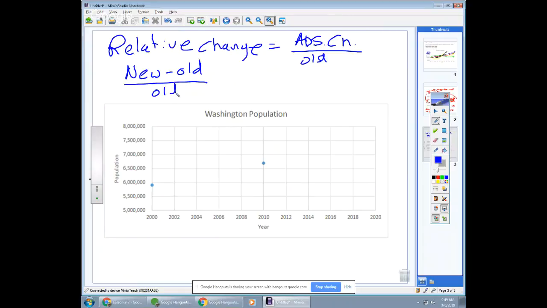So in this case, our new minus old was 800,000. Our old was 5,900,000. And so we just want to see what that is as a percentage.